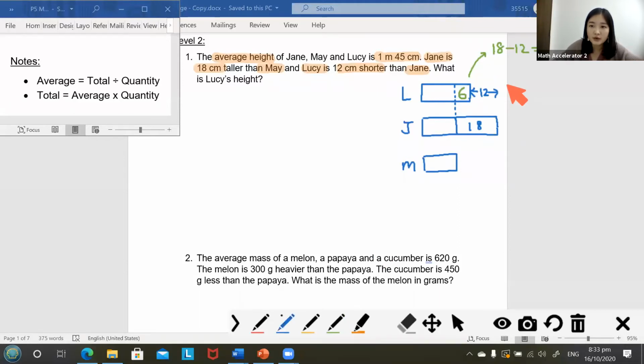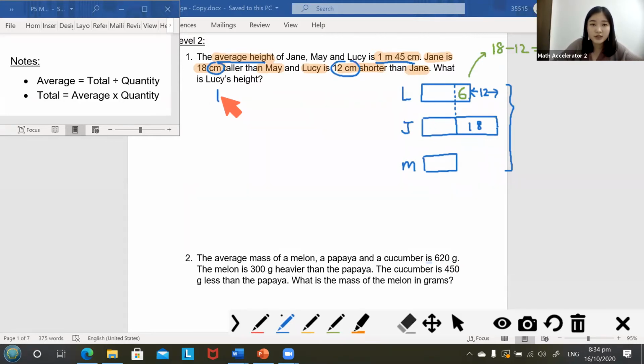Right, and what is our total? Same thing, we need to find the total ourselves using this average given here. Right, so what you notice is that all of these values in the model are in terms of centimeters, whereas our average is 1 meter 45 cm.